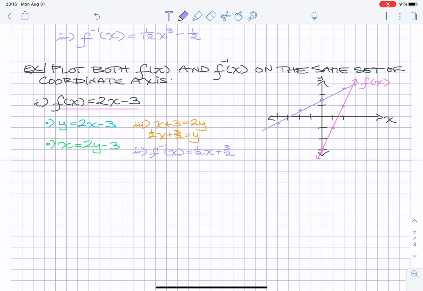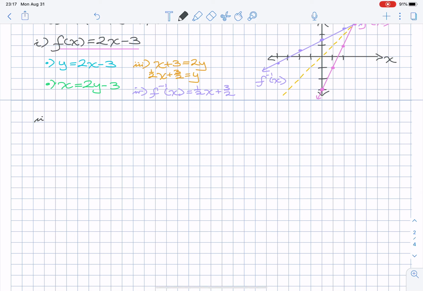Okay, so there's my f inverse of x. And we note something interesting. If I look at the main diagonal here, hopefully you can see what's going on. But it should become clear as we continue on.